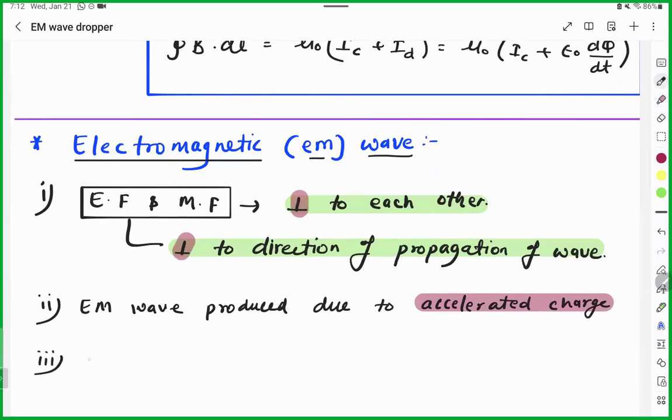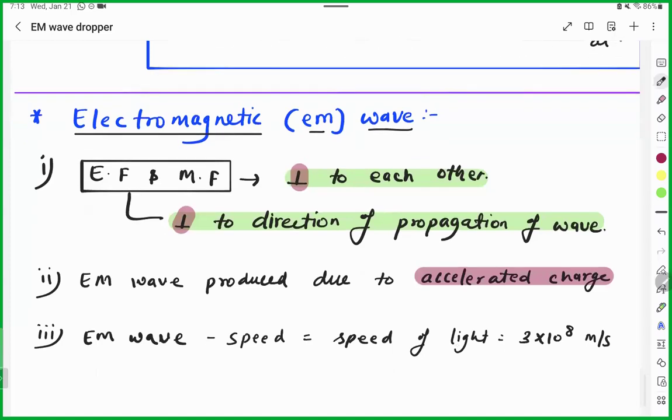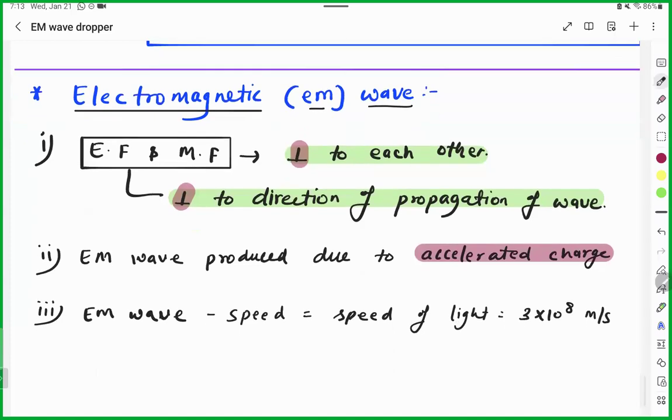Then, Tuhina, what will be the speed of the EM wave? Speed of light, 3 into 10 to the power 8 meter per second. Its speed will be equal to the speed of light, which is 3 into 10 raised to the power 8, unit meter per second. Yes. Next, this speed depends upon the given medium, and also depends upon the electric property and magnetic property of the medium.